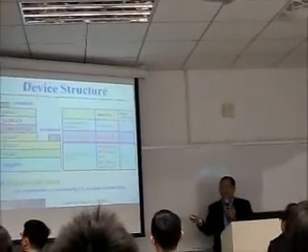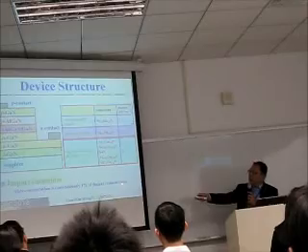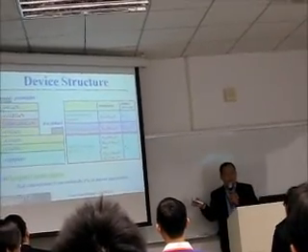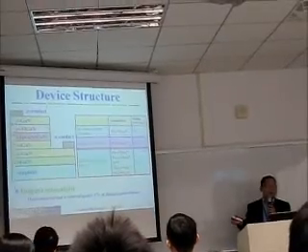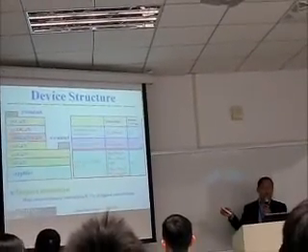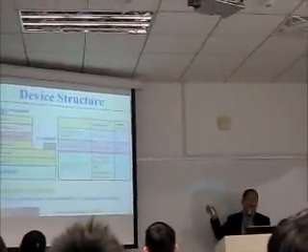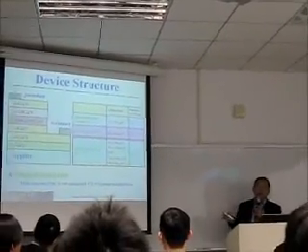Because, as we know, hole concentration is conventionally only around 1% of the dopant concentration. It means that it is very difficult for us to have a high doping concentration in the EBL.